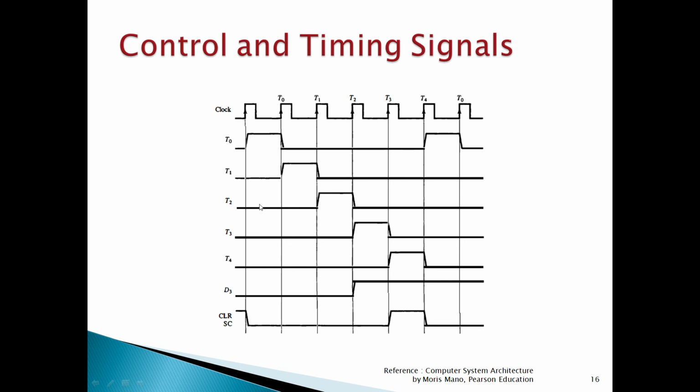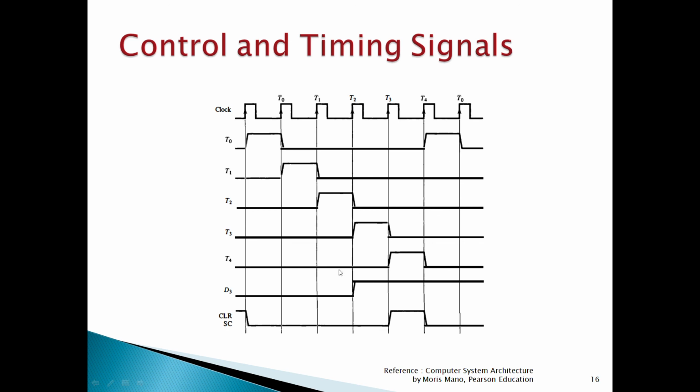When the T2 signal is there, then T0, T1 and T3 are deactivated. When T3 is there, the previous 3 are inactive. It means at one time only one timing signal works to control things. After 4 cycles, once again T0 will work and this sequence will be maintained.